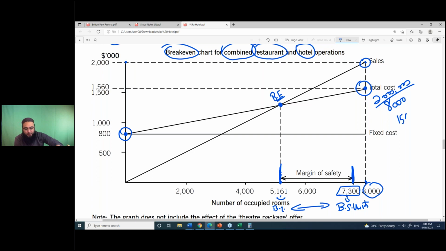So if I minus 1560 minus 800 if I do here, so I get answer of variable which is 760,000, and this variable is basically based on 8,000 rooms, okay? Because variable cost per unit also is something that remains constant per unit if nothing is mentioned, so we assume that to remain constant. So if I divide this with 8,000, so I will get per unit of variable cost as well.